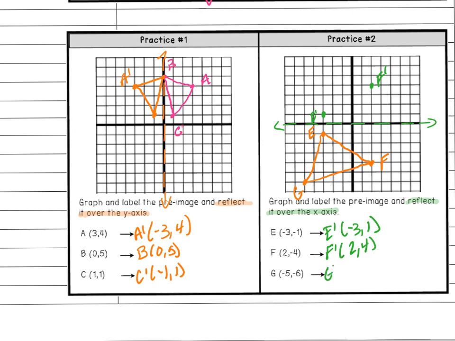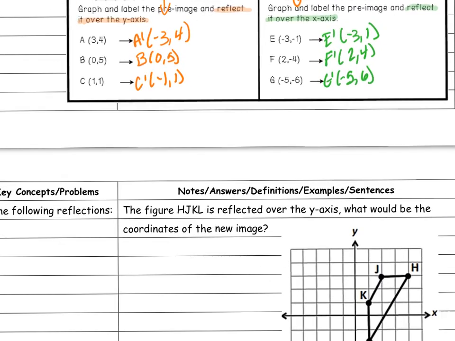And then G prime is how far away from my mirror? 1, 2, 3, 4, 5, 6. So here's G prime, and it should be located at -5, 6. And let's finish our figure here so we can see that it looks like it's reflected even though my lines are not straight. So there's the mirror image of it. Okay, good job, you guys. So we have, I think, 3 more problems to do.